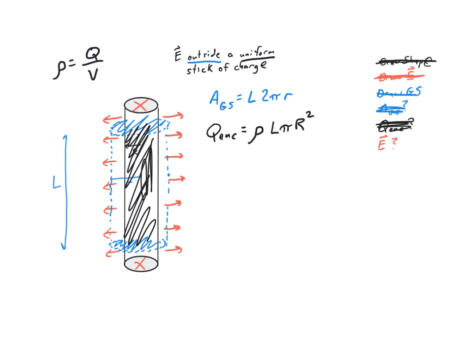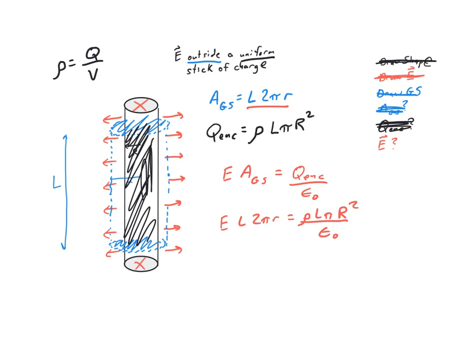Q enclosed. Let's put these things together and we'll get ourselves an electric field. Electric field multiplied by the area of the Gaussian surface is equal to Q enclosed divided by epsilon naught. That'll be the electric field times the area of the Gaussian surface, L 2 pi r, equals Q enclosed, rho L pi capital R squared, over epsilon naught.